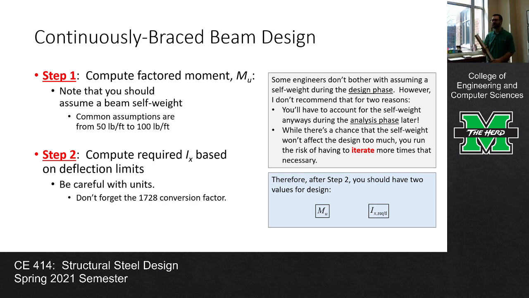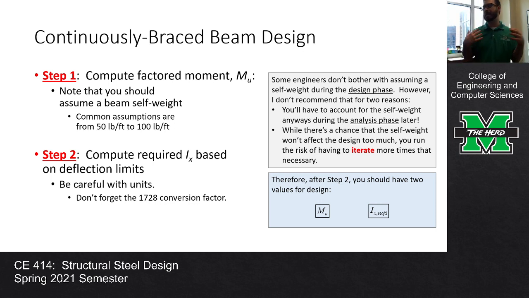I recommend that you pick something for two reasons. One, you're going to have to account for the self-weight anyways, so you might as well set that process up at the beginning. And there is a chance that the self-weight doesn't affect the design too much, but if you don't assume something, you do run the risk of having to iterate more times than you would if you just pick something at the beginning.